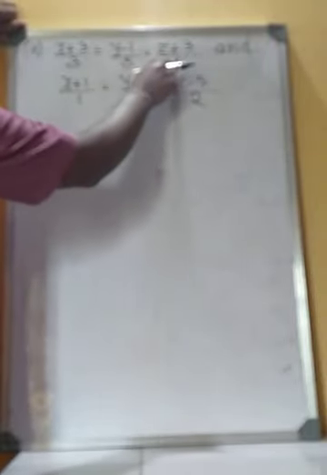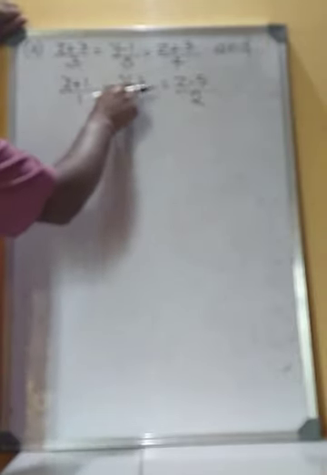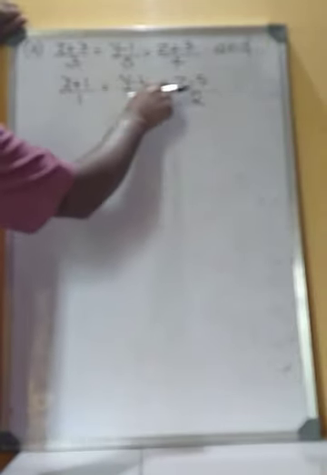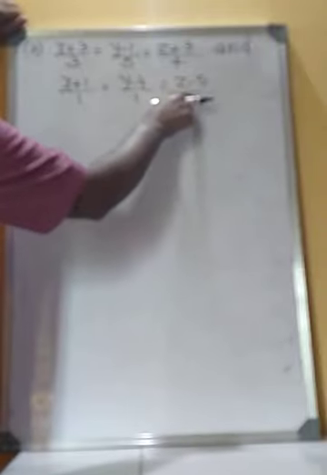The given equations are of the form (x minus x1) by a1 is equal to (y minus y1) by b1 is equal to (z minus z1) by c1, and (x minus x2) by a2 is equal to (y minus y2) by b2 is equal to (z minus z2) by c2.